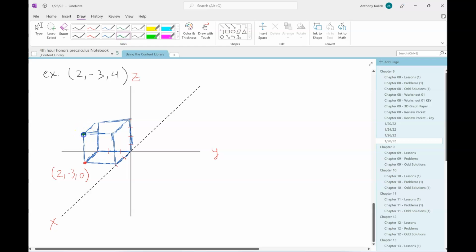So this then is the point that I am interested in. Not too big of a deal, but a lot different than what we did in 2 dimensions, right?